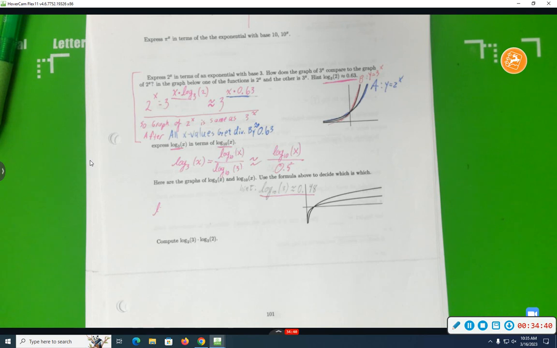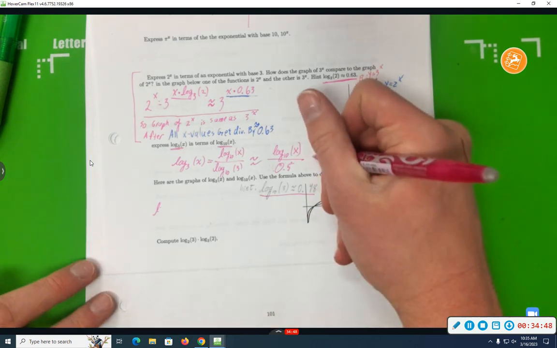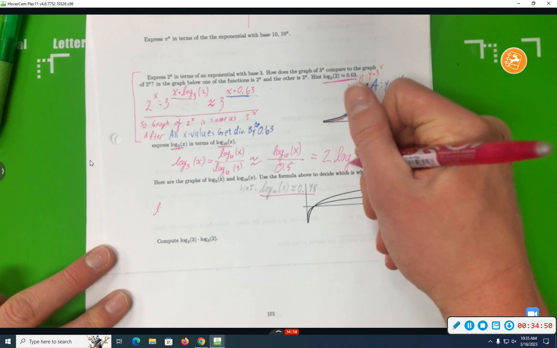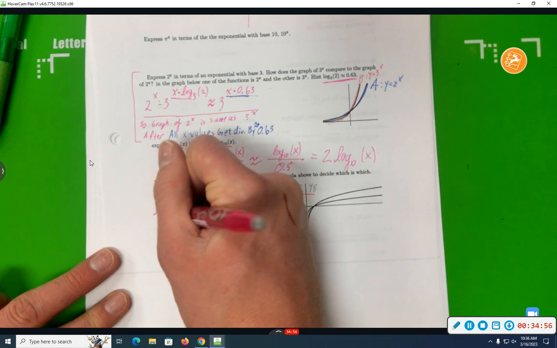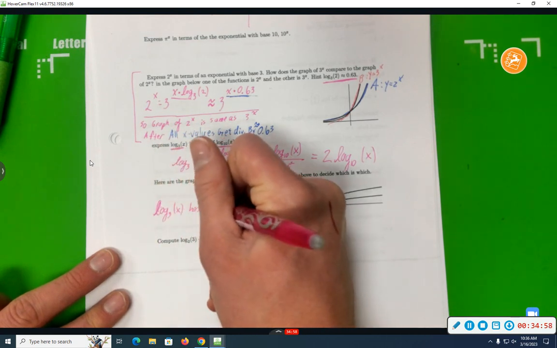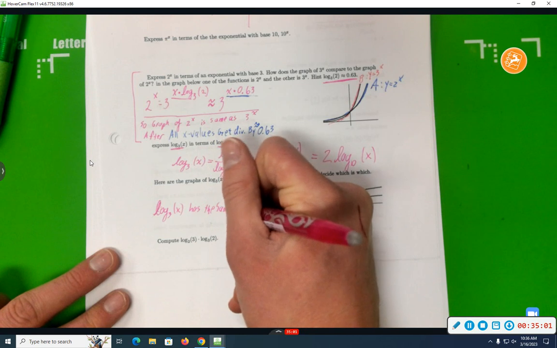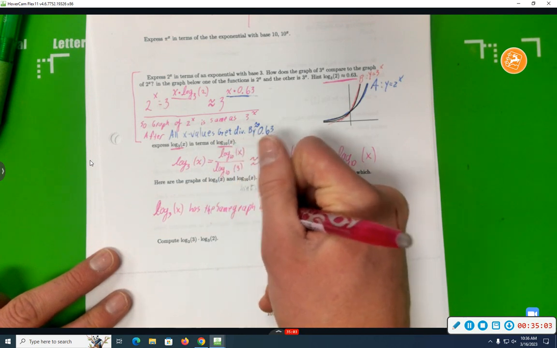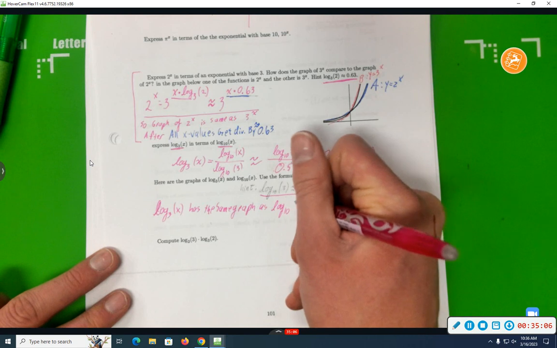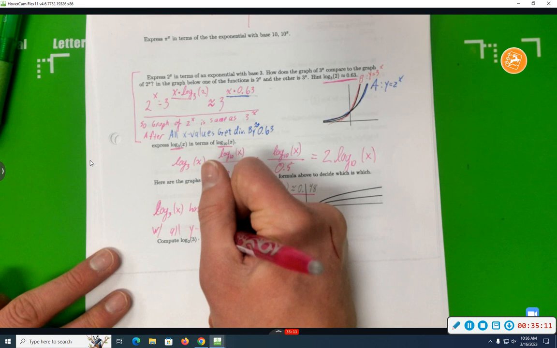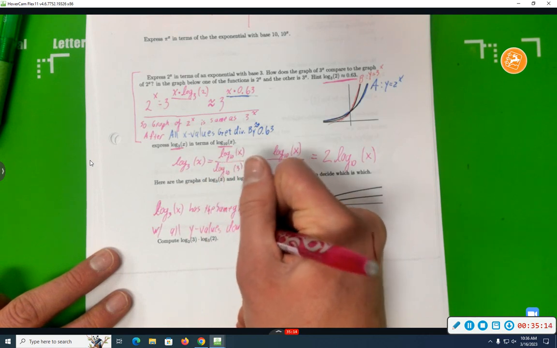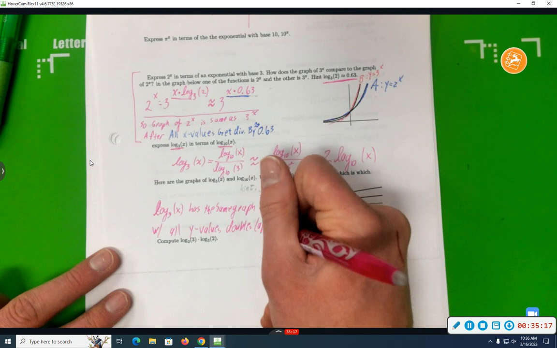It'll stretch it. So, as was pointed out, this is basically 2 times the log base 10 of x. So here's the observation. Log base 3 of x has the same graph as log base 10 of x with all y values doubled, approximately.